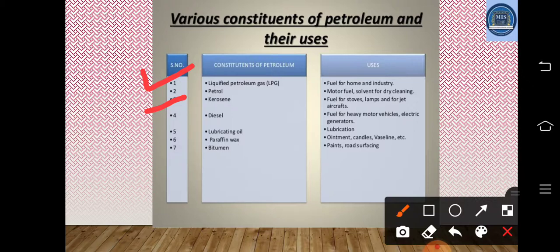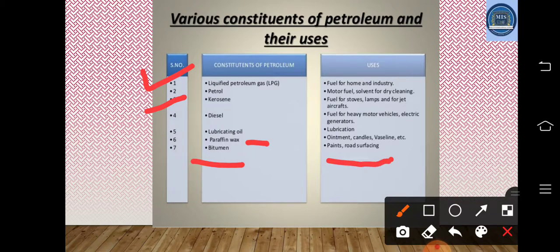Then we have paraffin wax. Paraffin wax is used as an ointment also, and it is used in candles, Vaseline, etc. Then the last constituent of petroleum refining is bitumen. Bitumen is used in paints and in road surfacing.